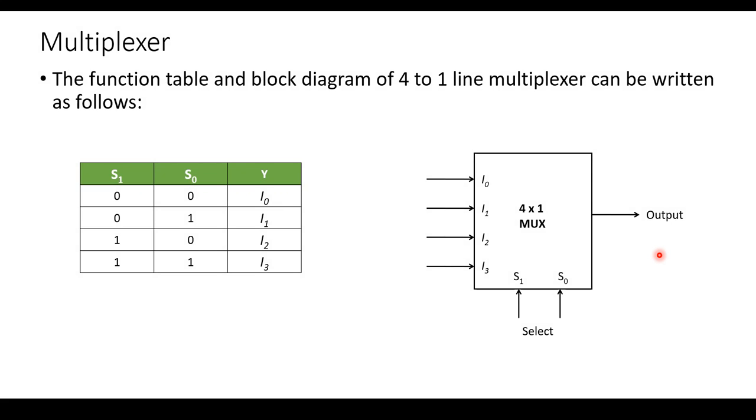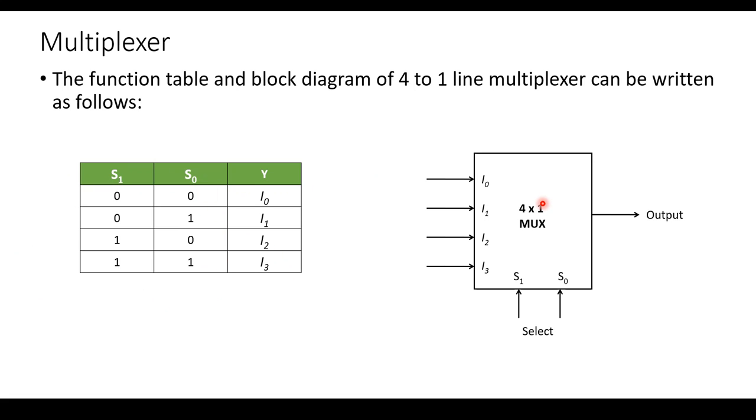Now the function table and block diagram of a 4 to 1 line multiplexer can be written. You can see selection lines S0 and S1 with the combinations 0 0, 0 1, 1 0 and 1 1. This is the truth table, with the outputs I0, I1, I2 and I3, a normal truth table with combinations of binary codes.